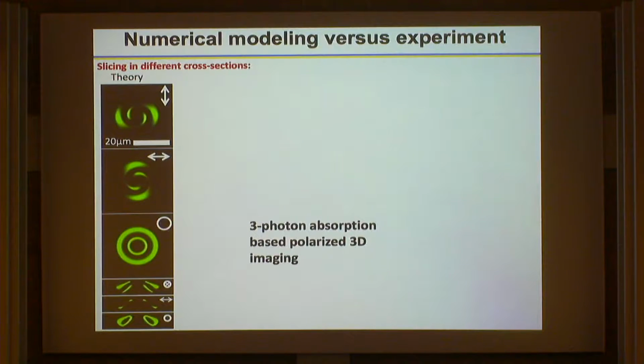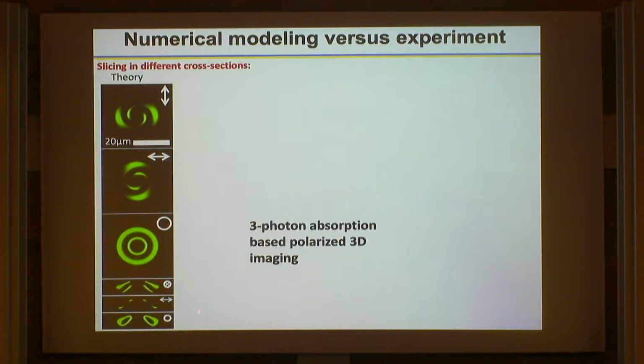So in here we took these field configurations that I was showing you earlier and computer simulated nonlinear optical polarizing images that would be obtained for different polarizations of femtosecond excitation light. These 3 images in here correspond to the plane that's orthogonal to the far-field background, and for excitation light with linear polarizations, marked in here, or circular polarization.